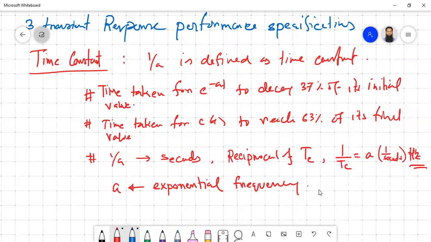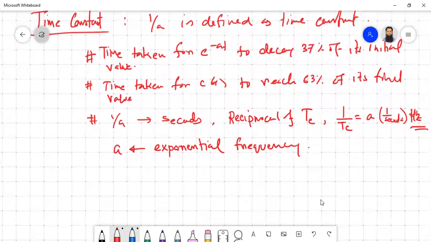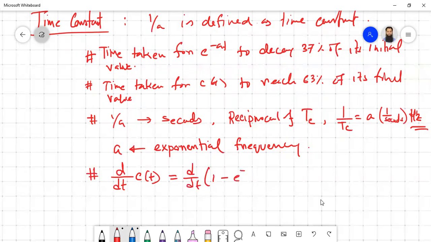Now it's not yet over. Another way to figure out what a is, is that you can take the slope of the response Ct. So d by dt of 1 minus e to the power minus at gives 0 minus, minus a, e to the power minus at.